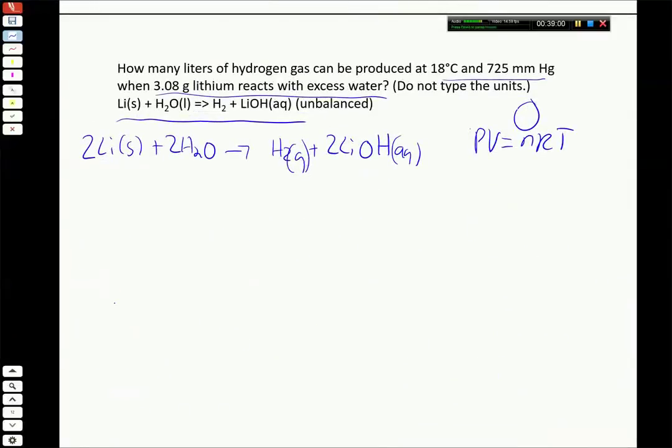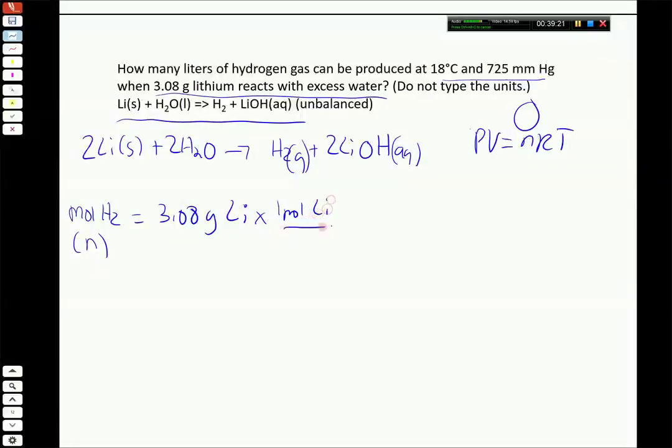Alright. So the first thing we're going to do is find the moles of hydrogen that form, or alternatively, we read that as n in the ideal gas equation. And that comes directly from stoichiometry. So we're using 3.08 grams of lithium, and we're going to find out how many moles of hydrogen form from that. So we convert grams of lithium into moles using its atomic mass, which is 6.94 grams per mole.